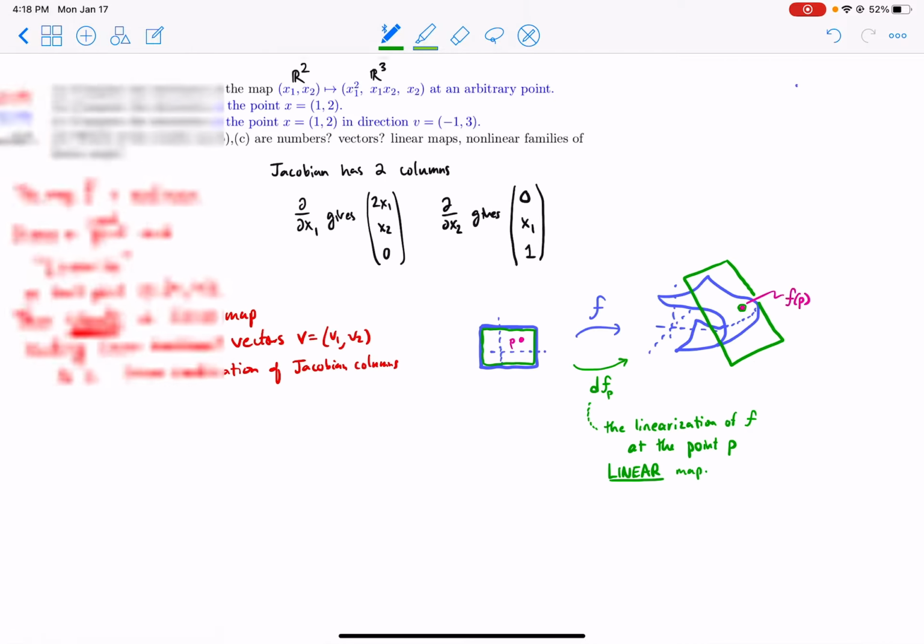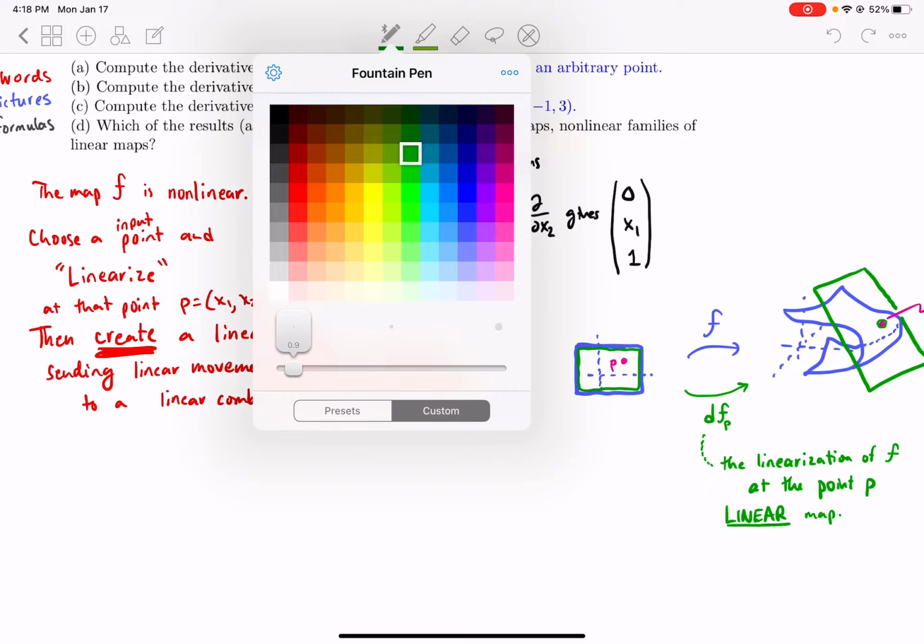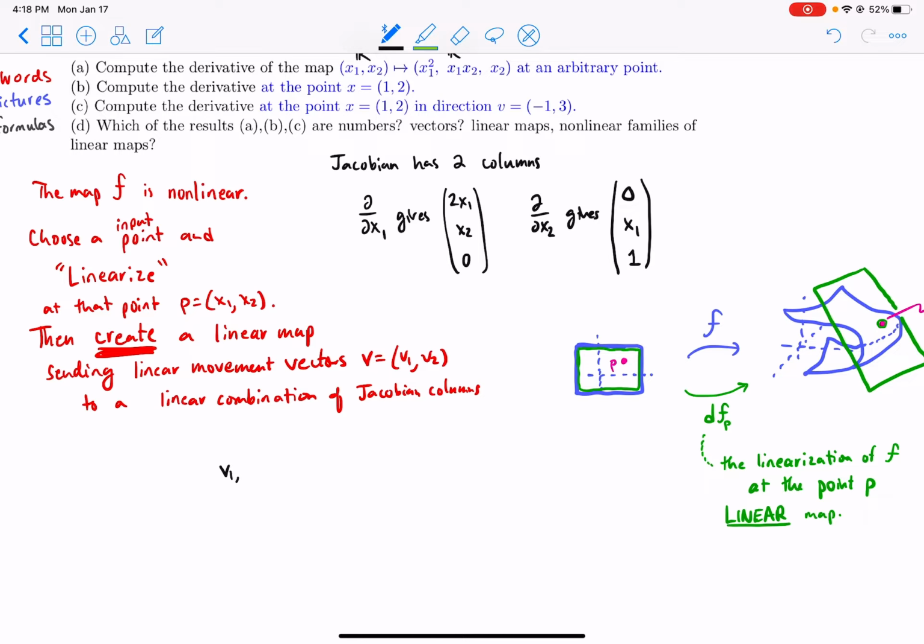Okay. Now, what is the linear map? Well, it's just going to be a linear combination of these things. So I guess what we could write is that v1, v2, some movement vector in the input space, gets sent to v1 times 2x1, x2, 0, plus v2 times 0, x1, and 1.